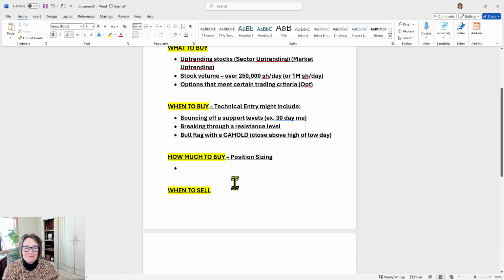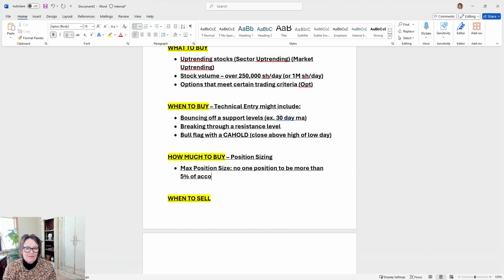There are 2 components to that. One is the max position size. You might say, well, I don't want any one position to be more than 5% of the account value, or 10%, it's up to you.